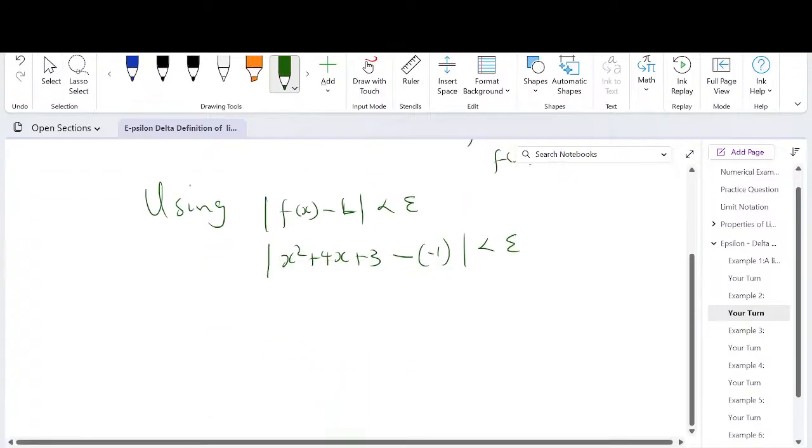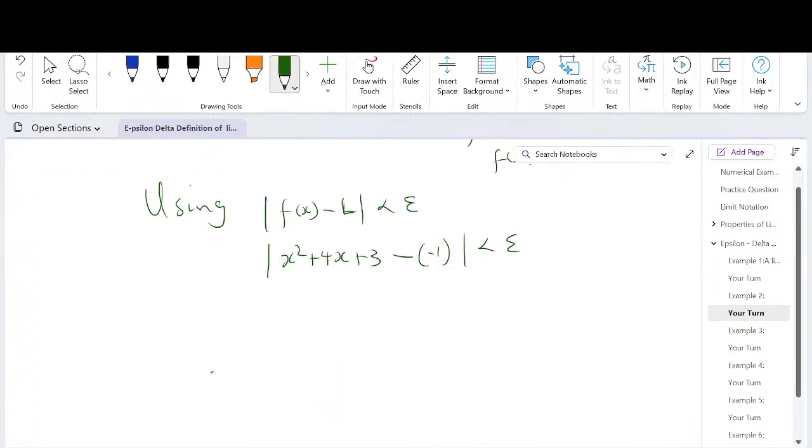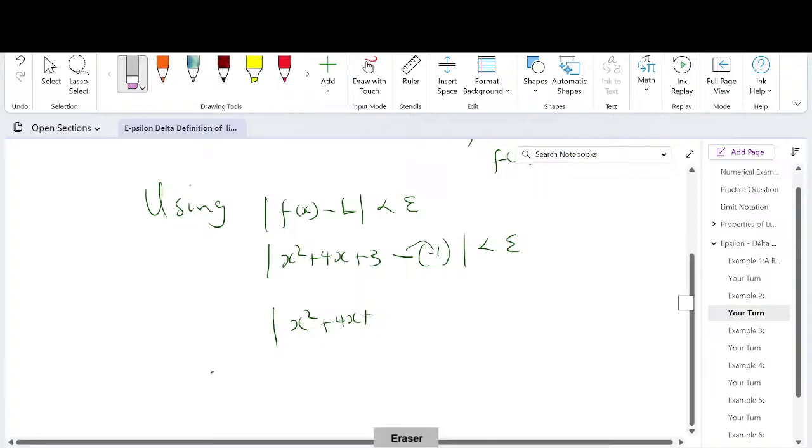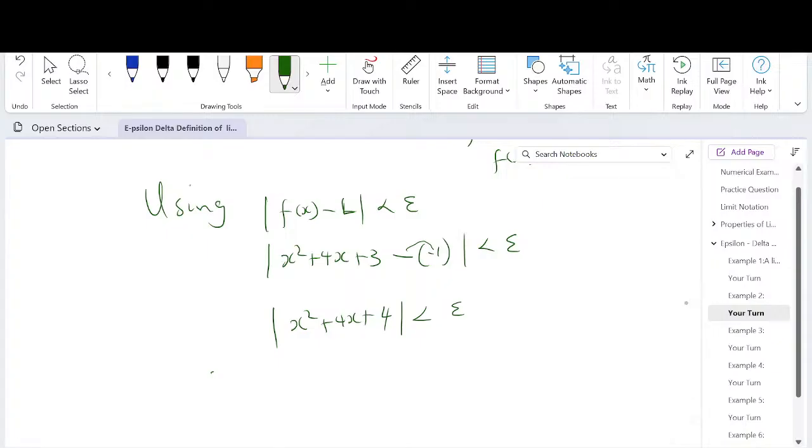So from here, you can come to this place. It will be x squared plus 4x plus 3 plus 1. So I can see this is 4, then less than epsilon. So from here now, can I factorize this? I'm almost done with everything for you.